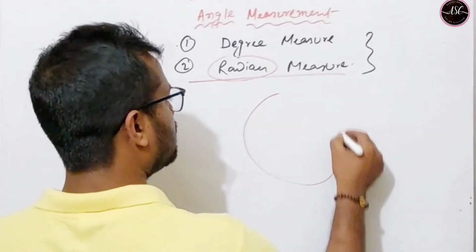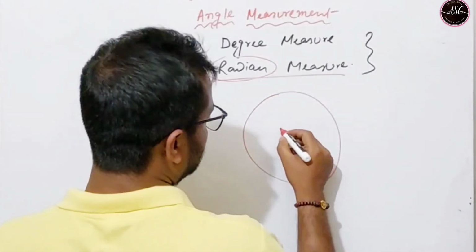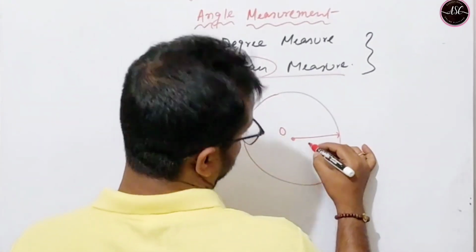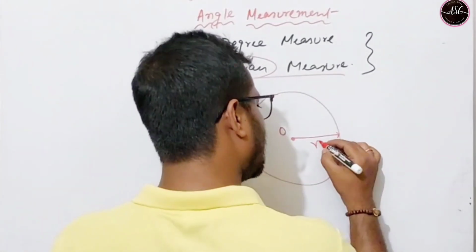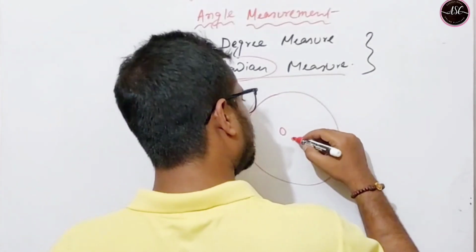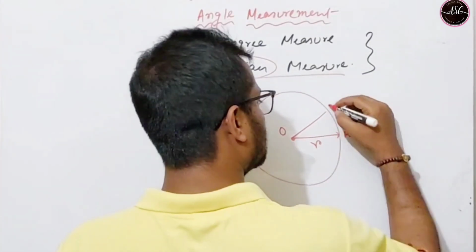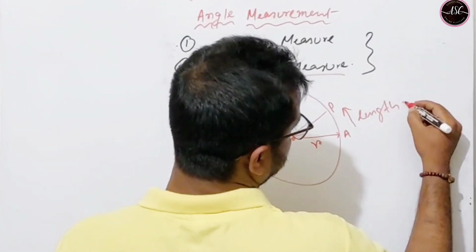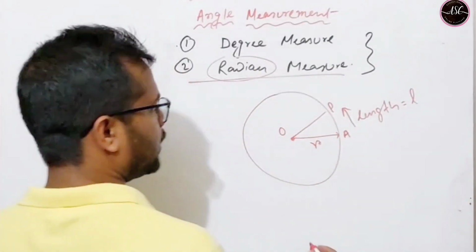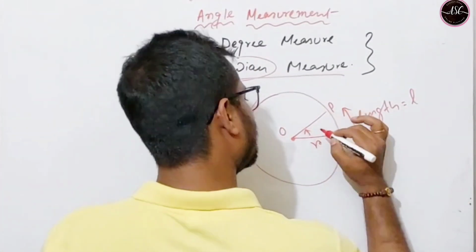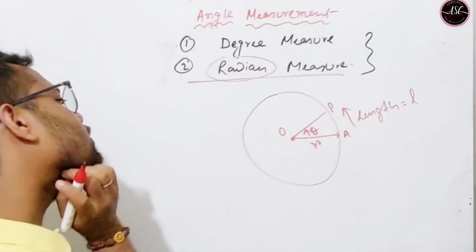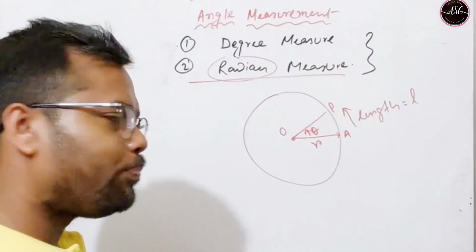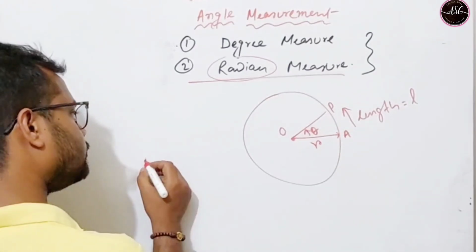Let a circle have radius r, and an arc AP with length L, and subtend an angle theta with the initial position. Then we have a formula. Which formula?